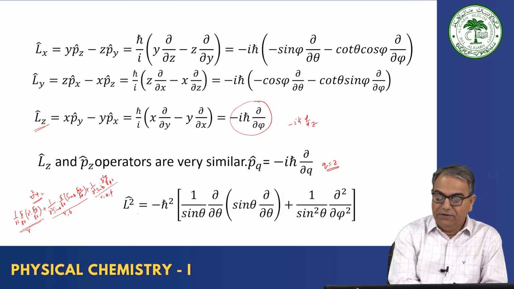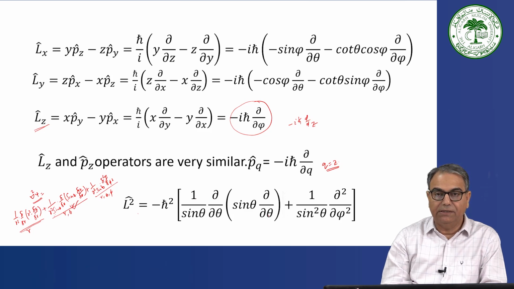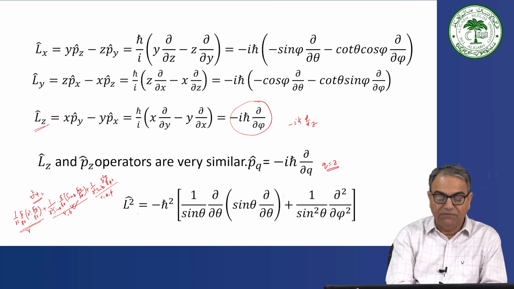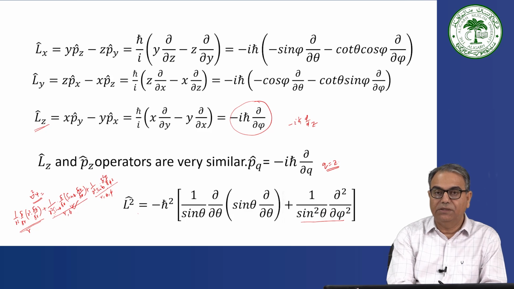And if you look at this expression, 1 by sine theta del by del theta sine theta del by del theta, it comes from the second part. And the last part is 1 by r square sine square theta del square psi by del phi square. So remove r square and it is this part, which you get from the third part.